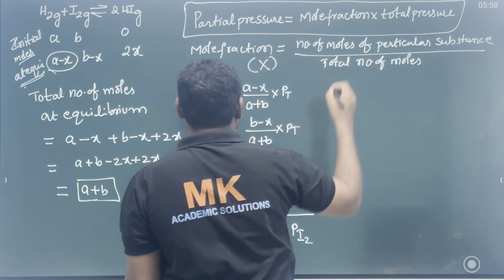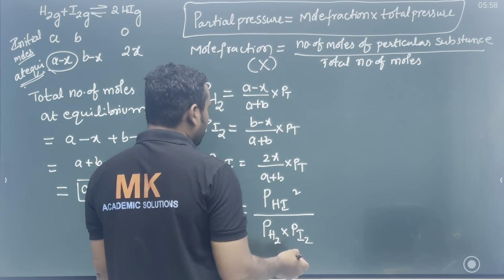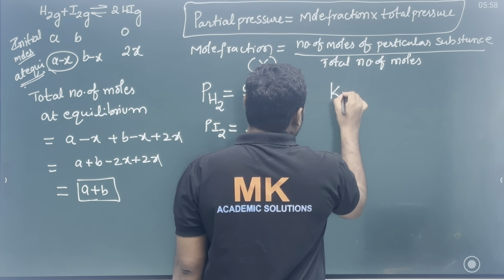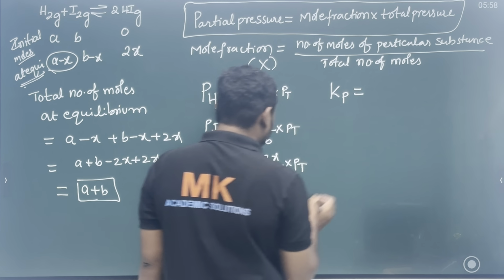In this equation, we know what the partial pressure of HI is, right children? So now Kp is equal to partial pressure of HI.